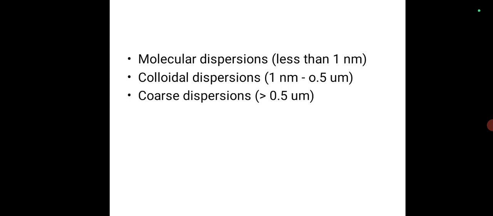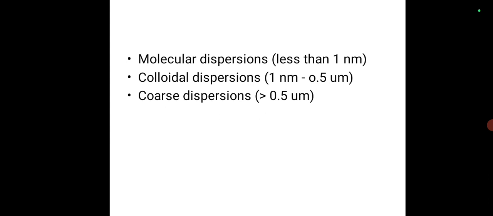First one, molecular dispersion, less than 1 nanometer. Second one, colloidal dispersion, 1 nanometer to 0.5 micrometer. Third one, coarse dispersion, size more than 0.5 micrometer. These are the various types of dispersion system based on their particle size.